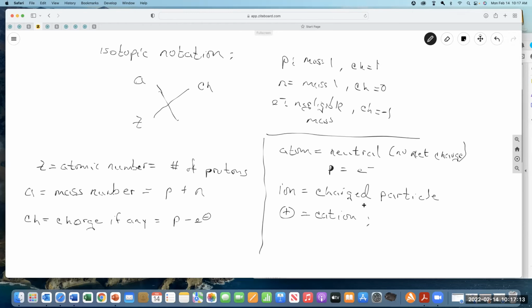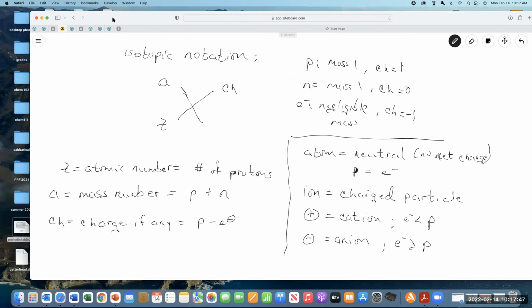And in this case, the number of electrons will be less than the number of protons. I always want to relate it to the protons because the number of protons is identifying. If something is negatively charged, it's called an anion, like anti. And in this case, the number of electrons will be greater than the number of protons. Just remember, electrons are negatively charged.